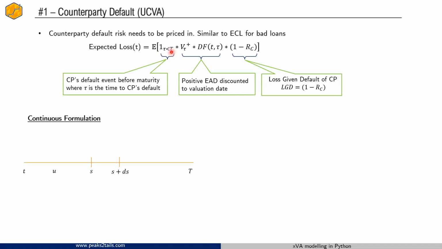So first one is, one more thing for convenience, we assume this and this are independent. That means there is no wrong way risk or right way risk. Today, we are not going to discuss wrong way, right way risk.